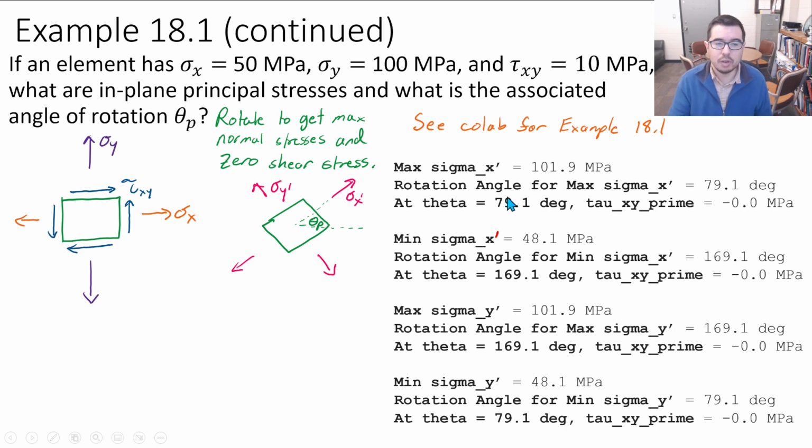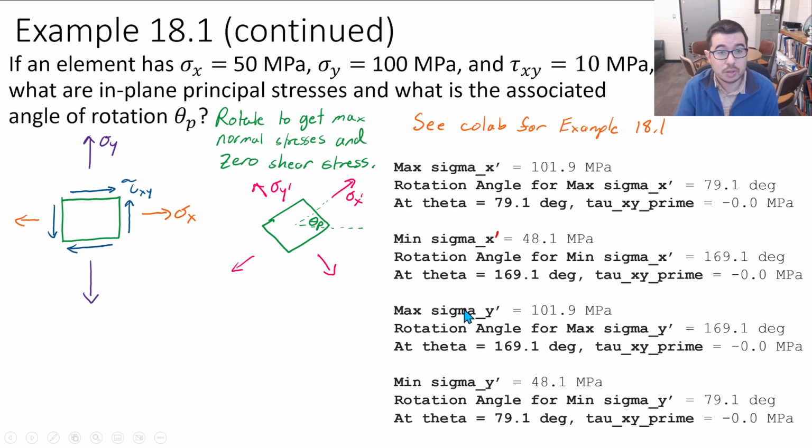Okay, you can take a look at the code. Essentially what we're doing is plotting 1,000 points and then looking at when sigma x prime is a maximum, when sigma x prime is a minimum, and then plotting the associated shear stress.